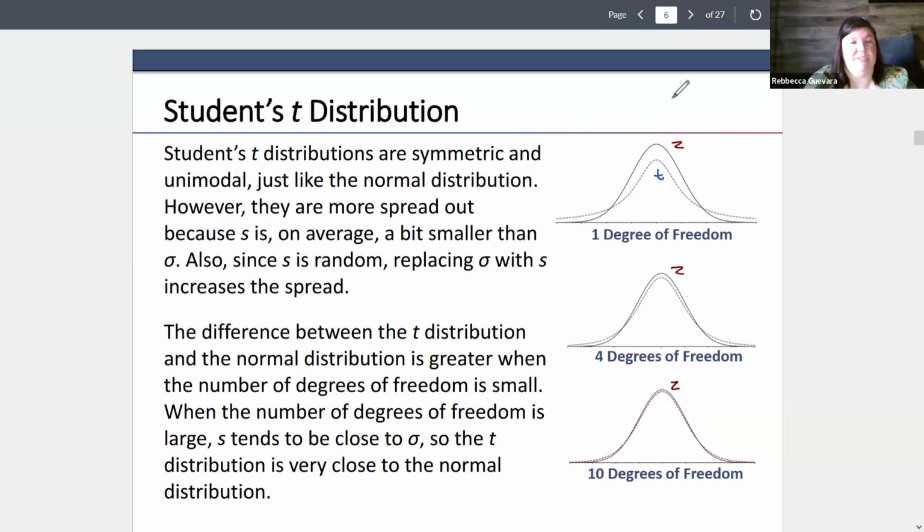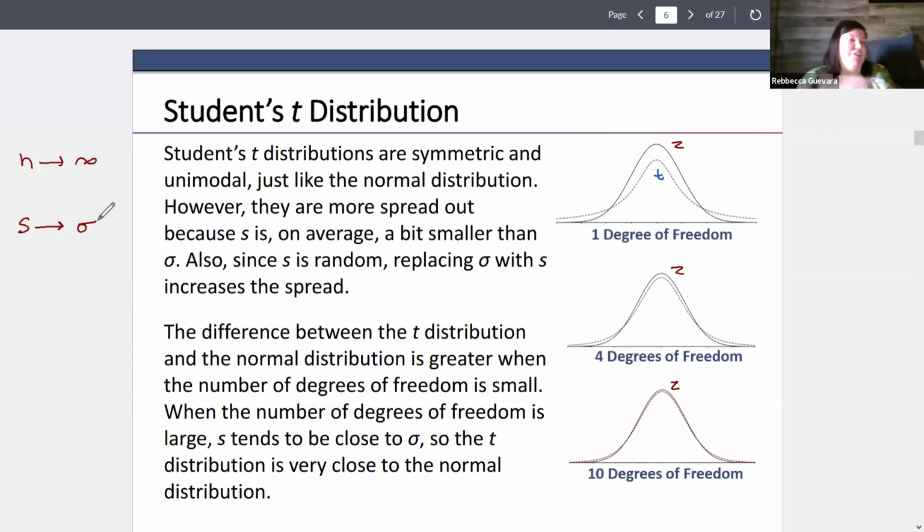So as n gets larger, as we send it out to infinity, remember the law of large numbers tells me that my sample means, sample standard deviations, all of that is going to get closer to what it looks like in the population.